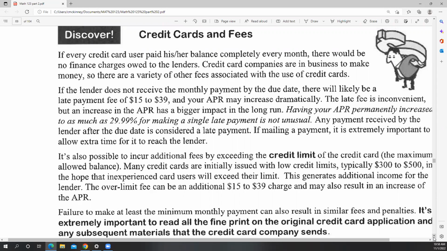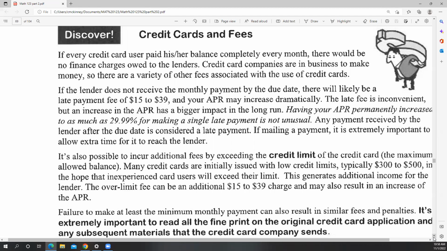And one late payment and your percentage rate could jump way up, maybe from 8.99 to 29.99. Especially if you have a big balance, that is going to affect things more than usual. If you exceed your credit limit, that also results in another charge and can also trigger the increase in the APR.